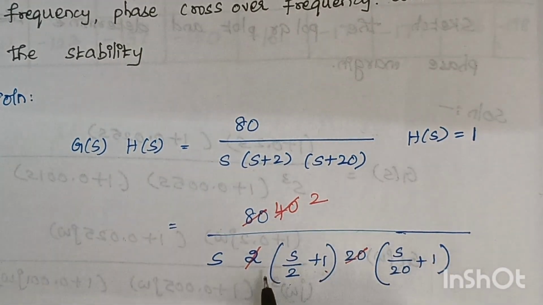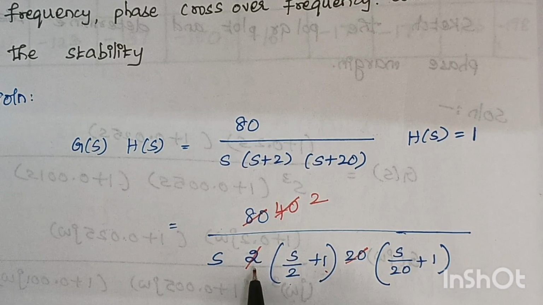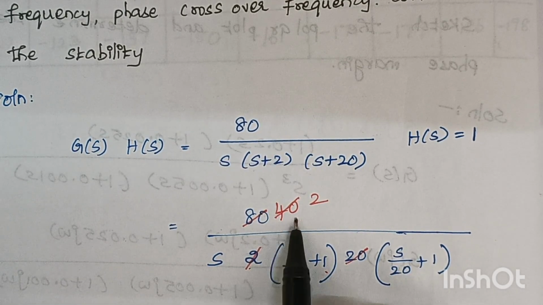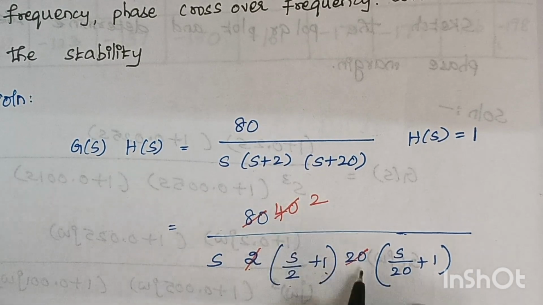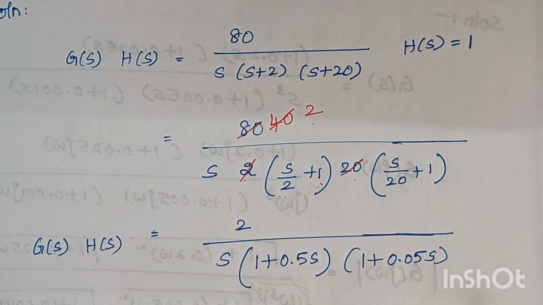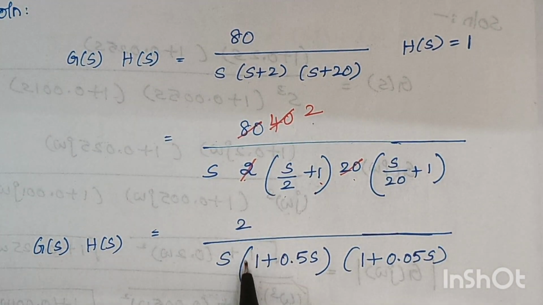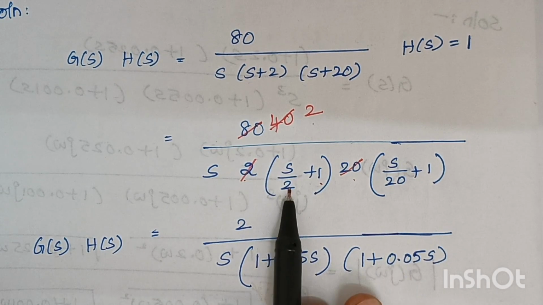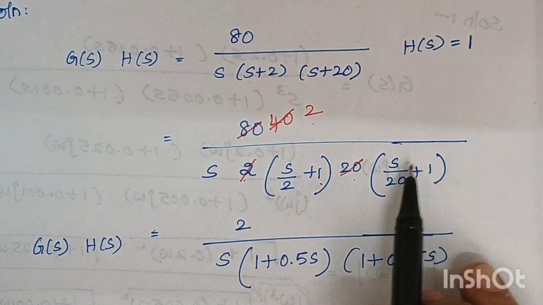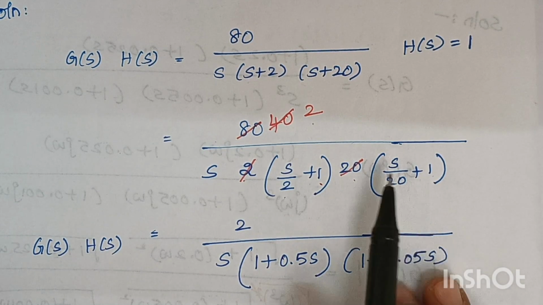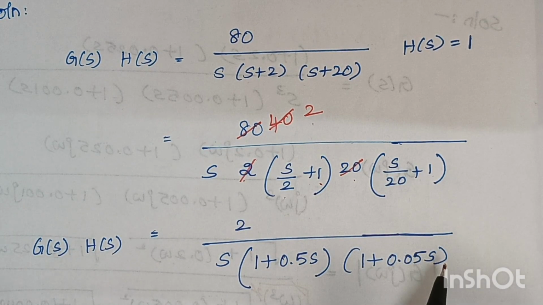Then when you cancel the terms, 2 and 80, you will get 40, and you cancel 40 and 20, the answer will be 2. So our simplified format is 2 divided by s into (1 plus 0.5 s), since 1 by 2 is 0.5, and (1 plus 0.05 s), since 1 by 20 is 0.05, right?